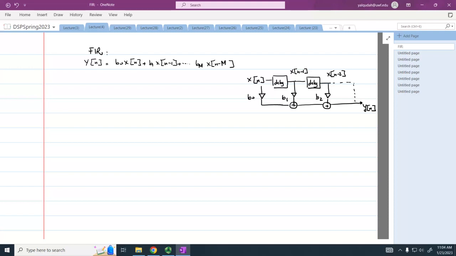But for the time being, if I want to find the impulse response of this system, how do I find the impulse response? We apply an impulse, isn't it? We apply an impulse at the input, and then we see what the output is. If I applied an impulse at the input, what is the output going to be equal to?